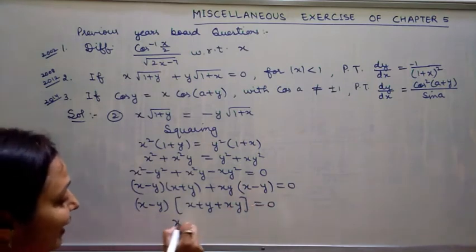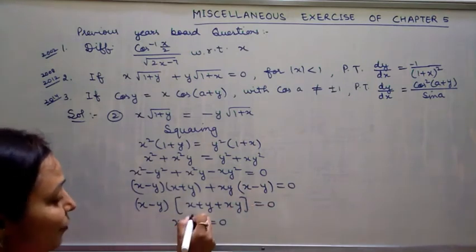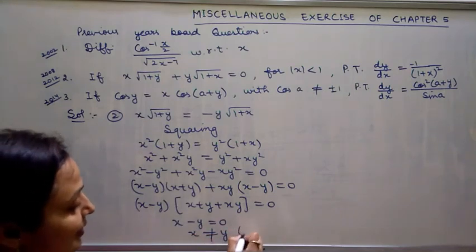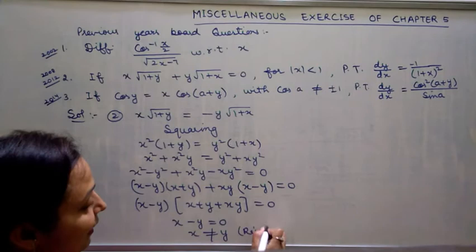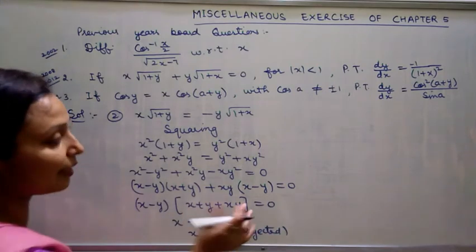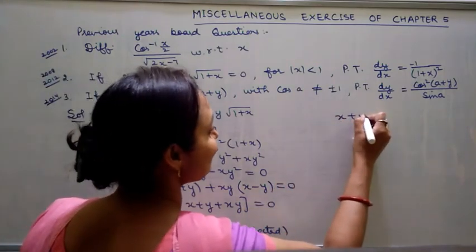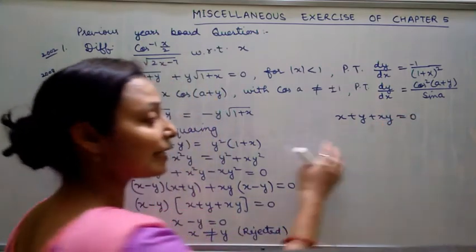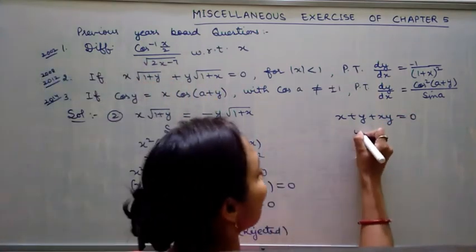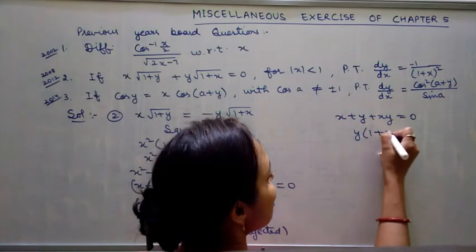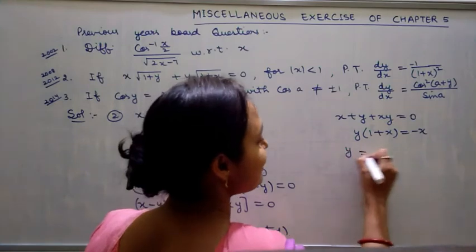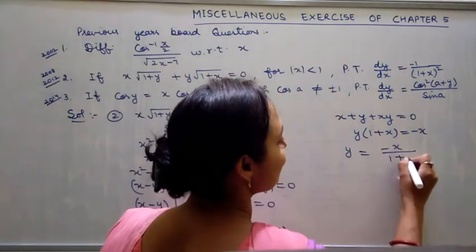If I take x minus y equals to 0, which is not possible, x not equal to y, rejected. So I will take this value, that is x plus y plus xy is equal to 0. That gives the result. Now take y as a common factor, y into 1 plus x, and take this x on the right hand side like this. y is equal to minus x upon 1 plus x.